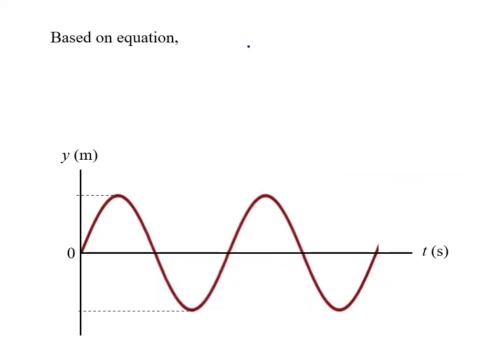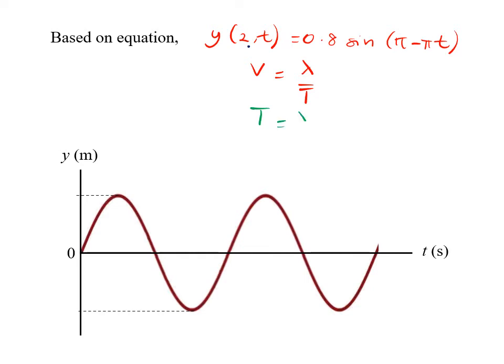Alright, based on the equation y at x equal to 2 is 0.8 sine pi minus pi t. So, based on the formula v equal to lambda over T, you can simply get the period T equal to lambda over v.